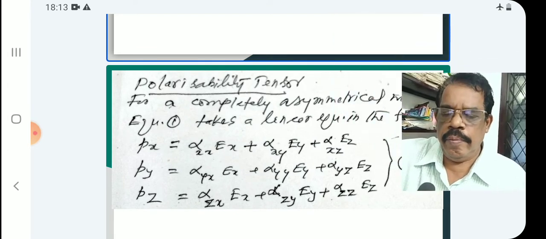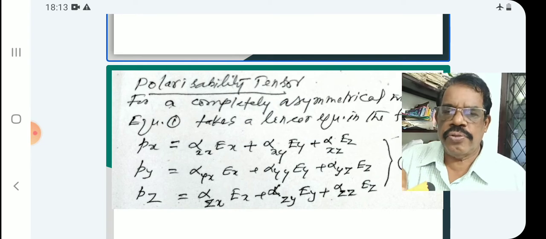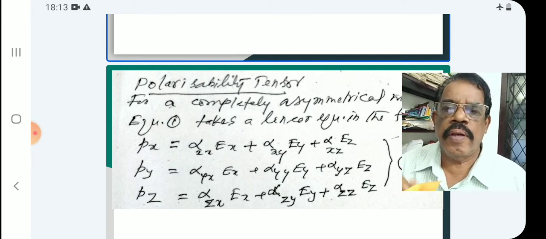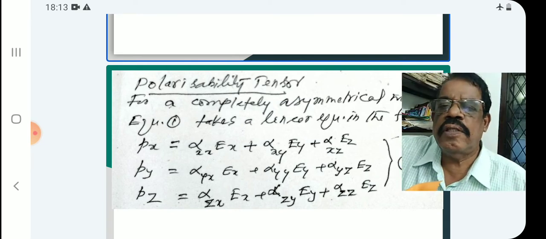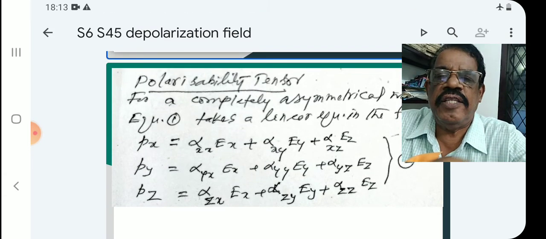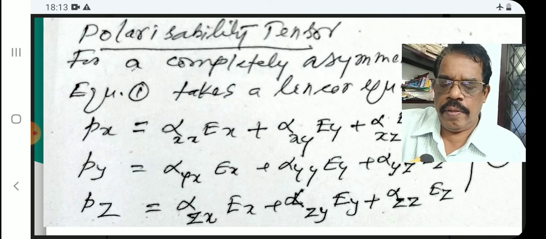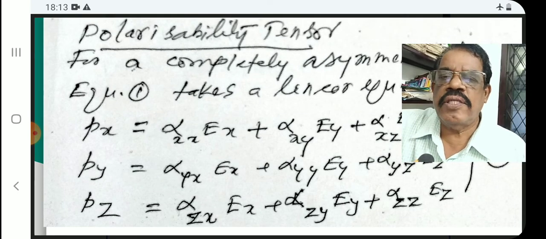Then here with the atomic polarizability there comes another term which is the polarization tensor. We see what is polarization tensor.